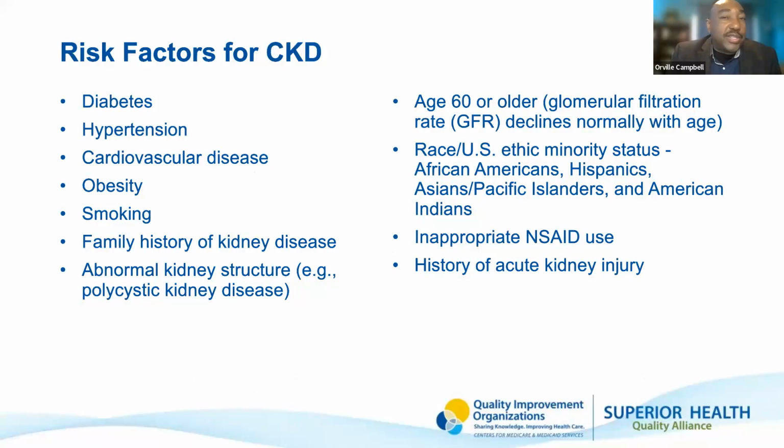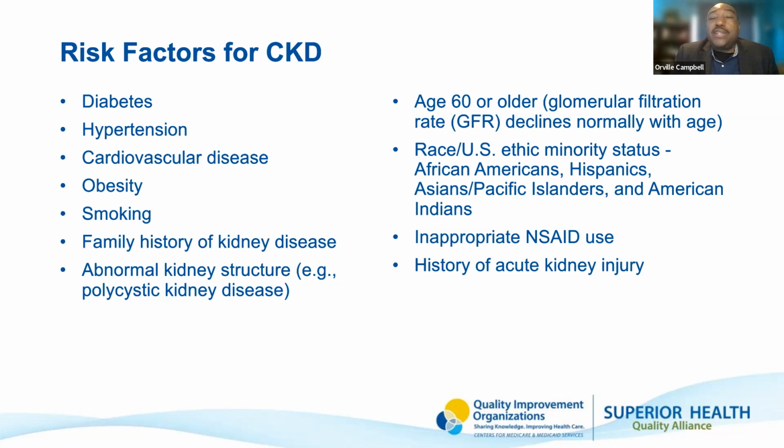Risk factors, you can see them listed there. I'm not going to read them all, just to point out a few. Once again, it's important we need to know about the family history. Abnormal kidney structure, such as polycystic kidney disease. Age, there's a natural decline in kidney function.